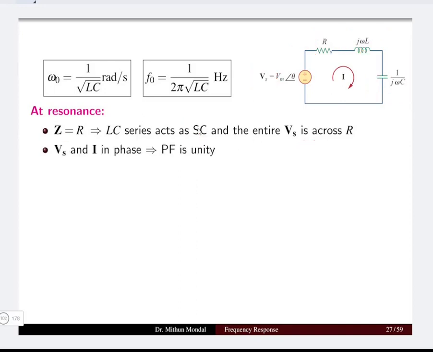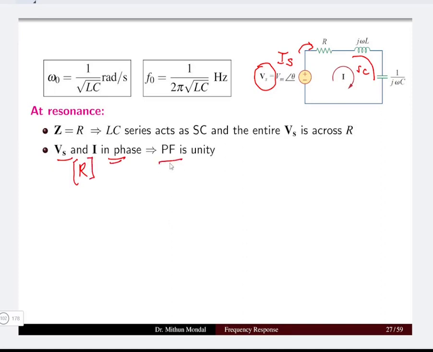So all the voltage will be across the resistance, and the inductor capacitor combination, which is in series, will act as a short circuit. The next point is that the source voltage Vs and the source current Is are in phase, since the current is flowing through the resistance and the inductor and capacitor are a short circuit, because the circuit is resistive in nature.